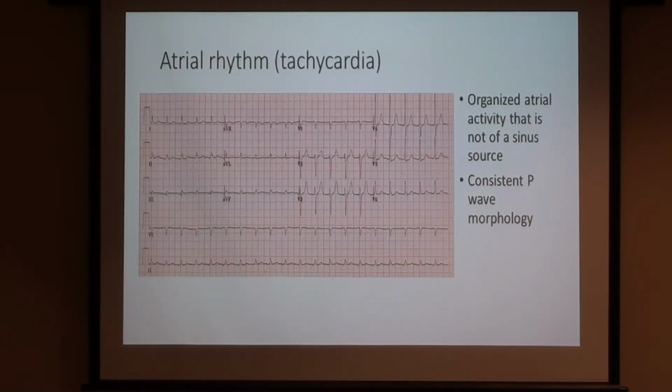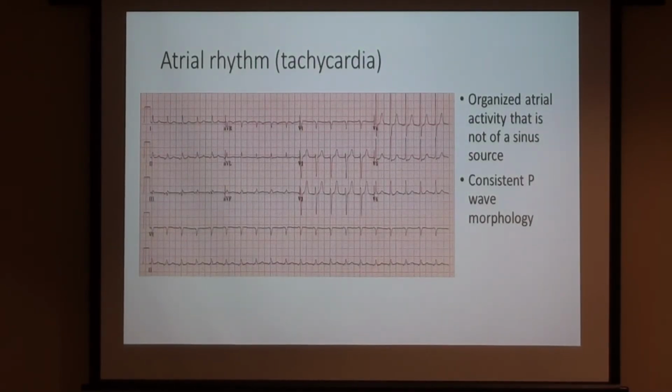Beta blockers work probably better than anything, but this is a common SVT that is difficult to deal with. This is one of the banes of our existence. Occasionally, when it's like this, it's in the right atrium and it's probably right next to the AV node. It can be ablated on occasion.